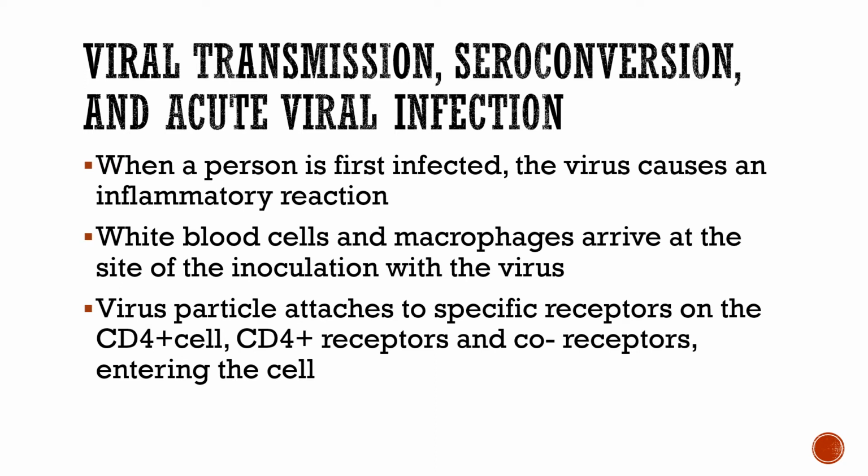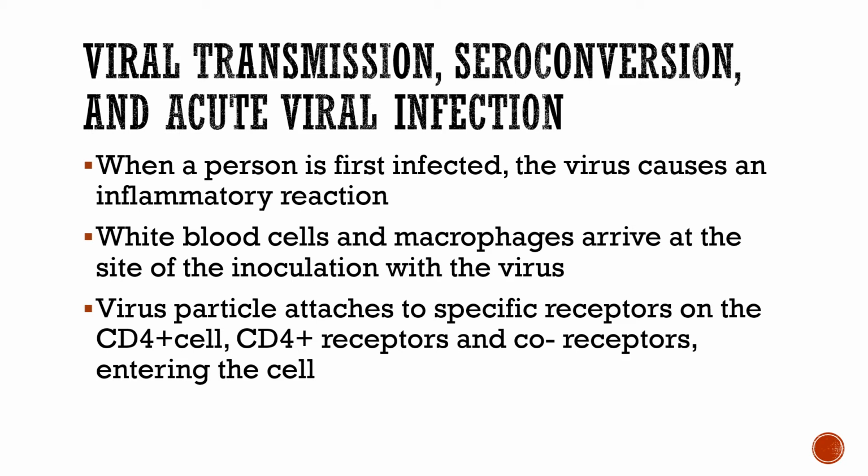So let's talk about this viral transmission. Let's talk about the seroconversion, and then how we become acutely infected. So when a person is first infected, the virus will cause an inflammatory reaction. And we have been talking about inflammatory reactions all semester, right? We talked about inflammatory reactions when we talked about allergic disorders, when we talked about connective tissue diseases.